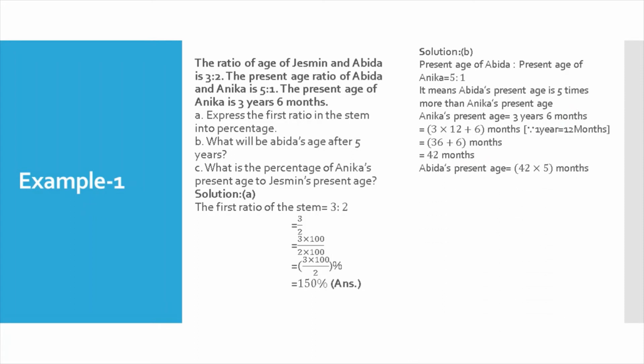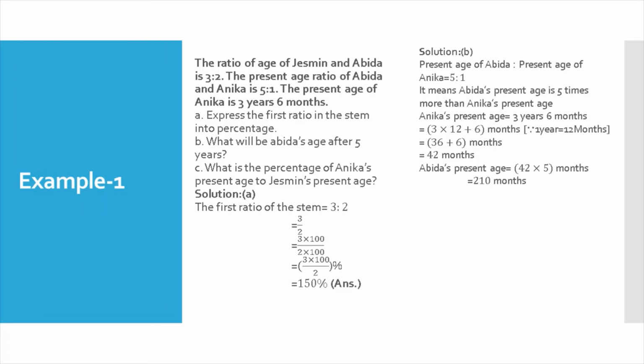Abida's present age is 42 multiplied by 5 months, because what I have written means Abida's present age is 5 times Anika's present age. That's why if we multiply 42 by 5, we get Abida's present age in months.